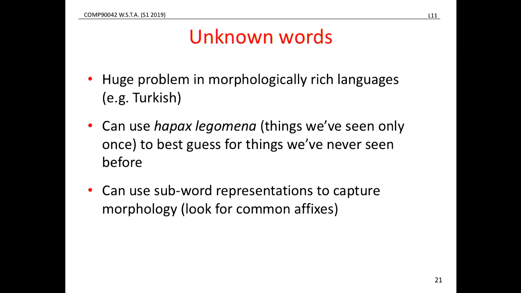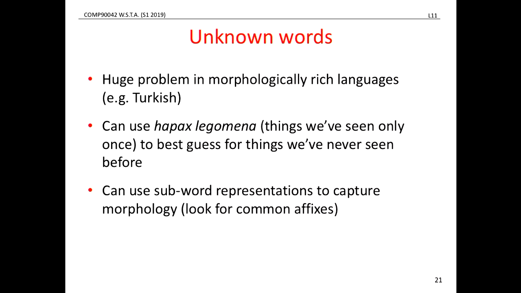We can try and use things that we've seen once to guess what the tag might be for other rare things. By and large, that's going to be saying a lot of them are nouns or verbs. And a lot of the taggers, when they have no idea, say it's a noun. That's a pretty good way of backing off. Another technique is to use subword representations. If you look at the suffix or the prefix of the word, or various other character-based information inside the word, then we can use that to make the prediction.